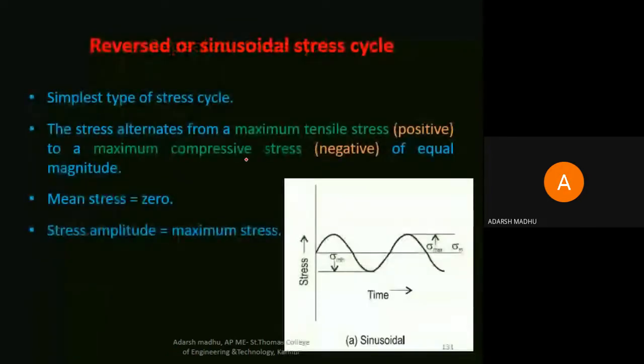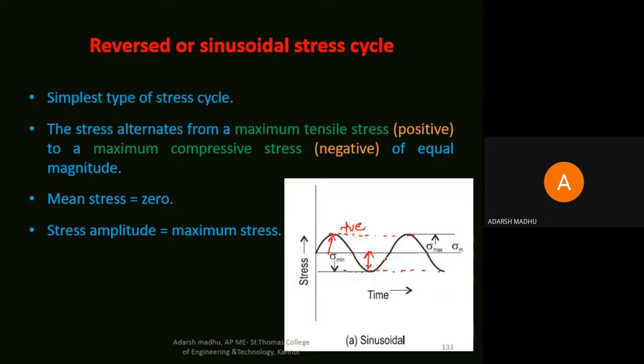The sinusoidal or reversible type of stress cycle is defined as a simple normal type of stress cycle. The load applied here is a normal type. The stress alternates from a maximum tensile stress, which is positive and shown above the x-axis, to a maximum compressive stress, which is negative and shown below the x-axis.